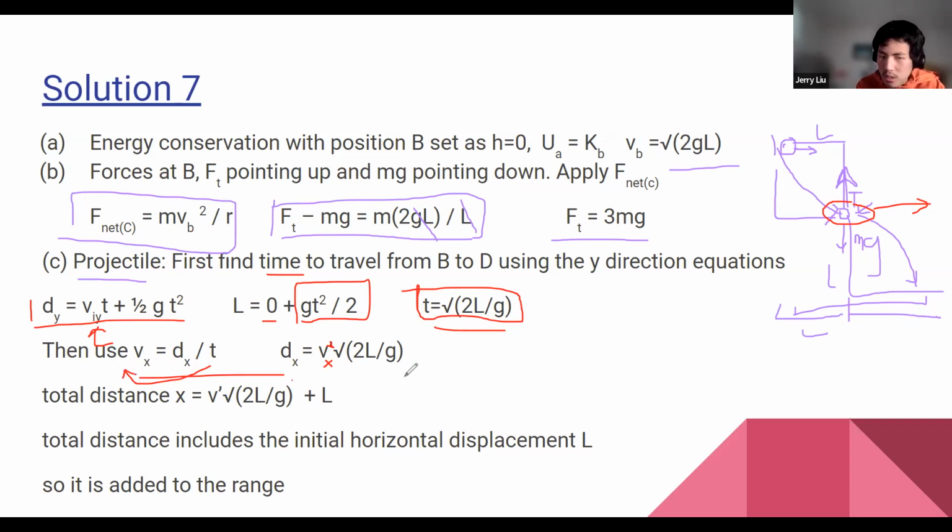So dx equals Vx times square root of 2L over g, and then you could basically just do this. X equals v constant times square root of 2L over g, and then remember to add on that L because you have to count for this distance as well. So yeah.